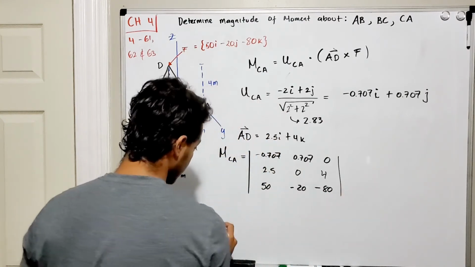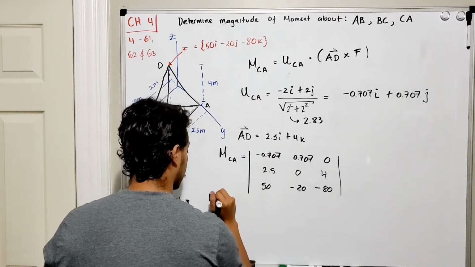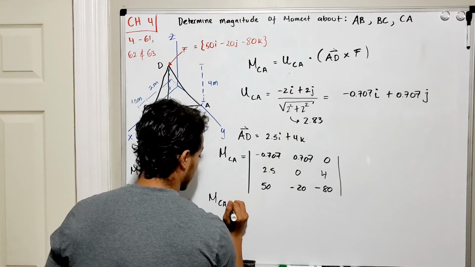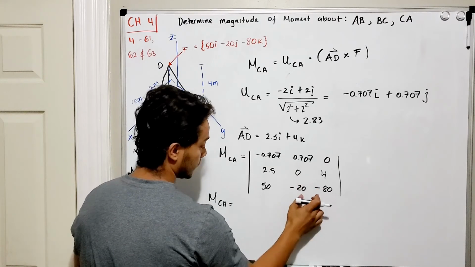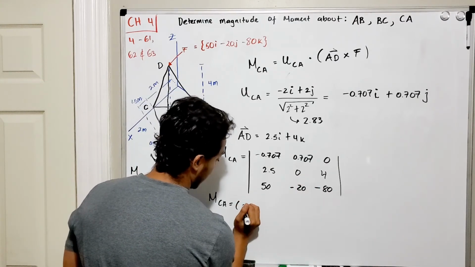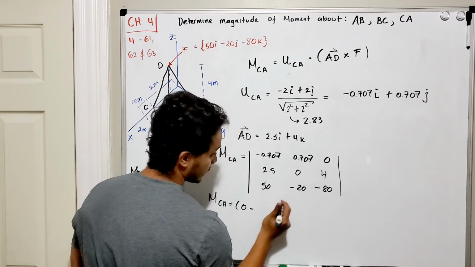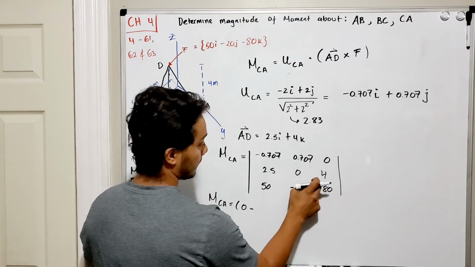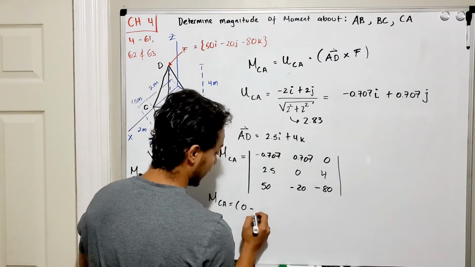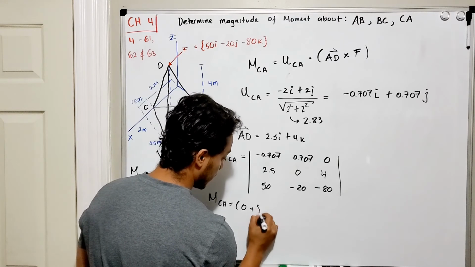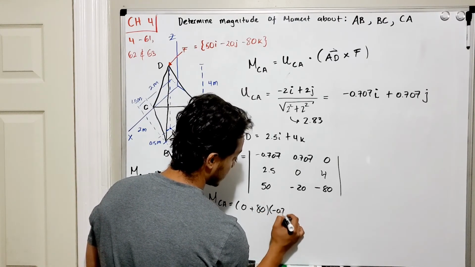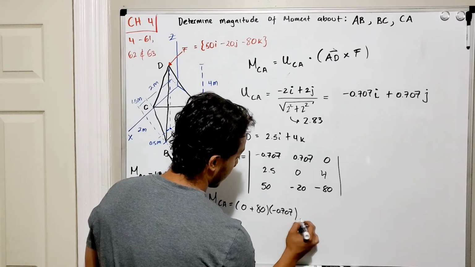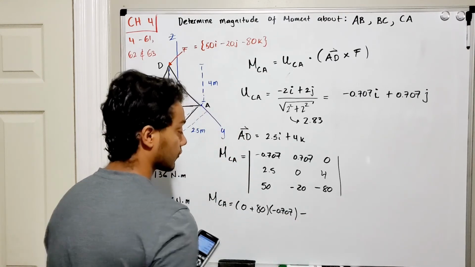Okay? Now, this moment CA is going to be equal to, so we multiply 0 by negative 80, that gives me 0, minus negative 20 multiplied by 4, that gives me negative 80. So minus and minus gives me positive 80. We multiply this by our negative 0.707. Then we do minus.